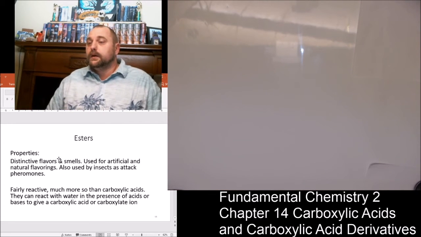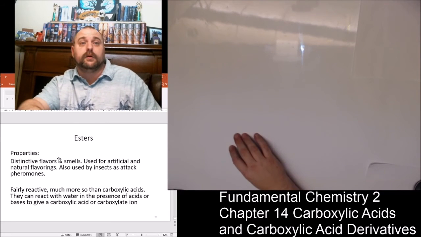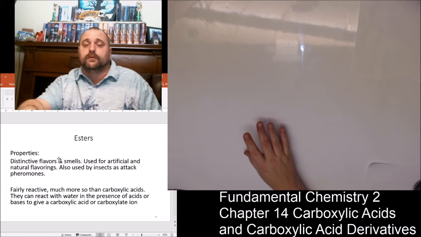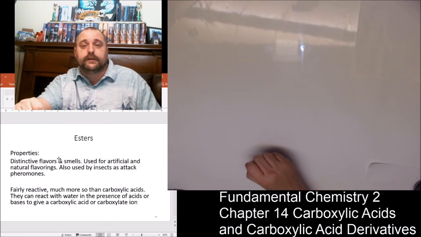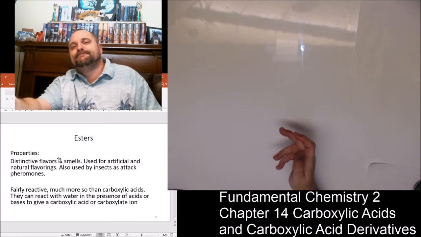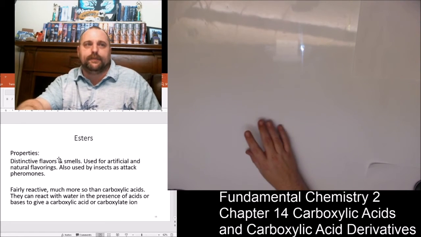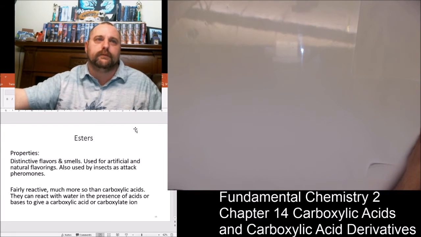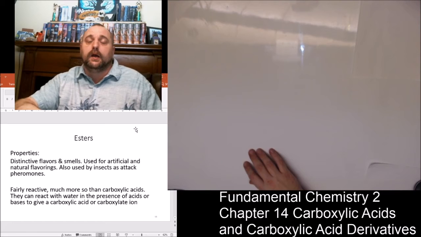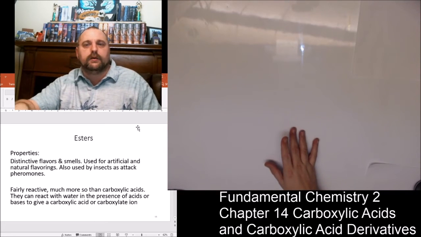When we go from the acid to this ester, we change the properties greatly. So we usually associate, for instance, butyric acid, 4 carbons, with nasty, rotten butter, a terrible smell. But the esters have very distinctive smells, and so we use them for a mixture of things.